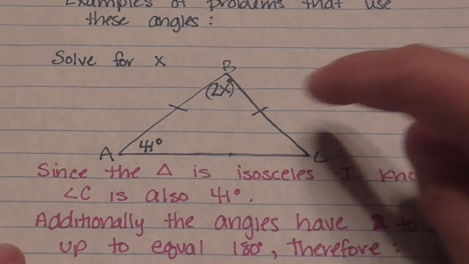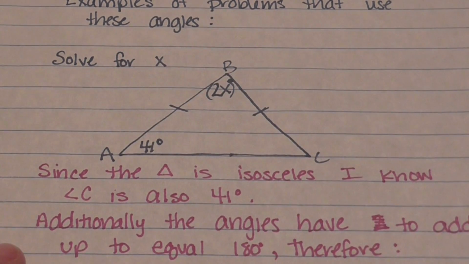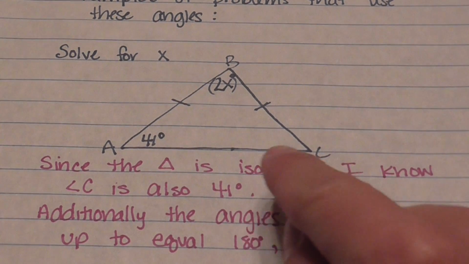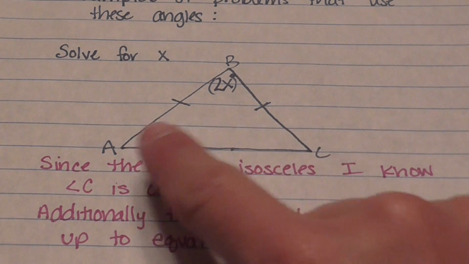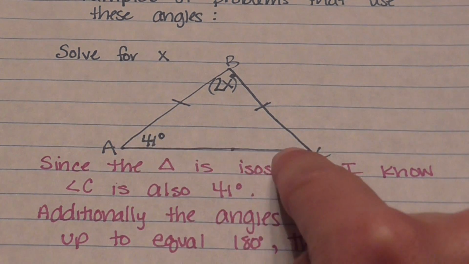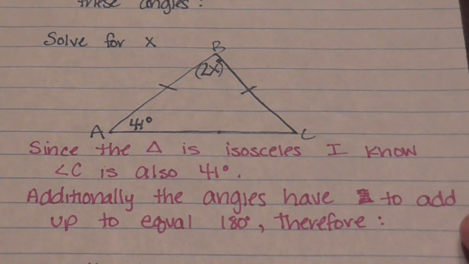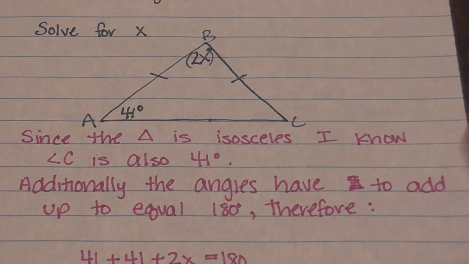We know based on these marks that this is an isosceles triangle. That means that angle C also has to be 41 degrees. That goes back to your base angles are the same. Also, all the angles have to add up to equal 180 degrees.